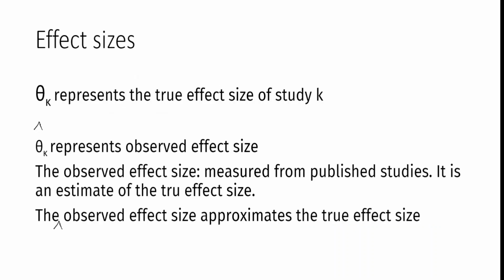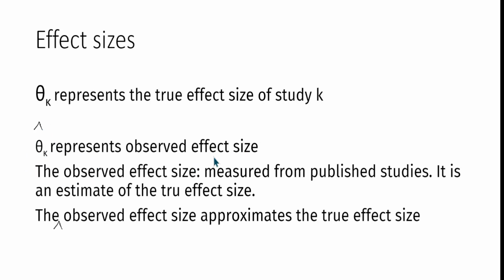So effect size is represented by theta, as I said. Theta k represents the true effect size of study k, and theta hat k, the one with the hat, represents the observed effect size. You would like to approximately measure the true effect size by this theta hat.